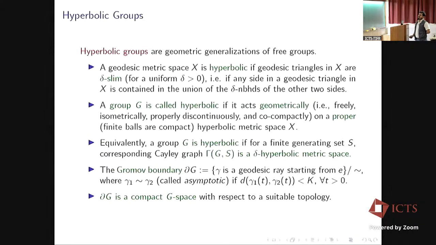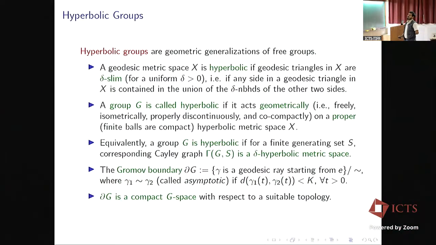And so equivalently, a group would be hyperbolic if for some generating set, the Cayley graph is a delta-hyperbolic metric space, like this. So in this case also, we can define a boundary at infinity, which will be a compact topological space. The definition of boundary remains the same.